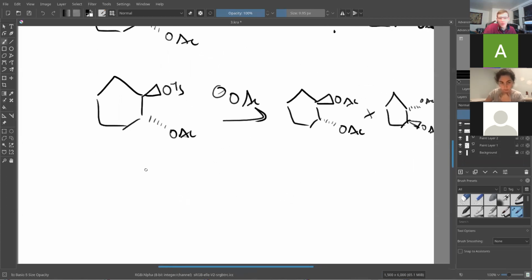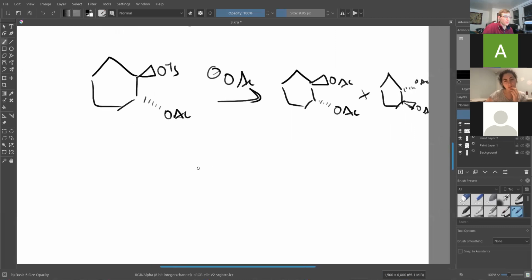The question is, when we do it over here, when we flip where this O-tosyl is, then it's not just SN2. We get this whole racemic mixture. In fact, we get both stereoisomers. So not only do we change the stereochemistry here, we also change it at the bottom. We actually change both stereochemistries.